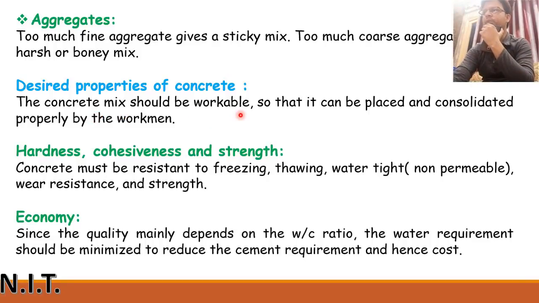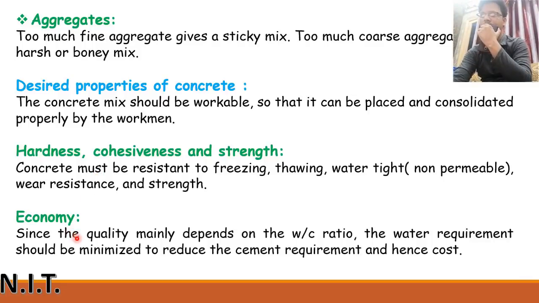The concrete mix should be workable so that it can be placed and consolidated properly by the workman. Hardness, cohesiveness, and strength. Concrete must be resistant to freezing, thawing, watertight, non-permeability, wear resistant, and strength. If your concrete is not resistive to all these things, then it will be a waste.